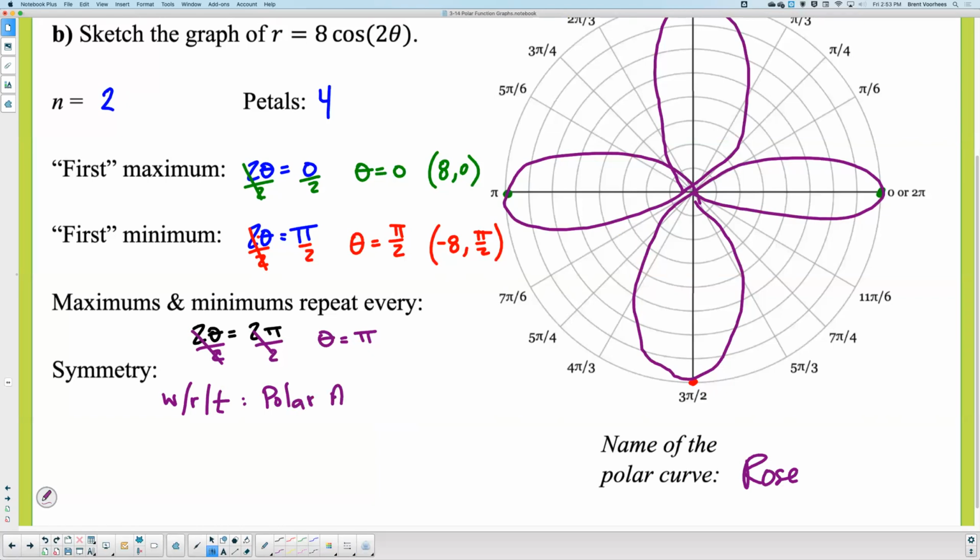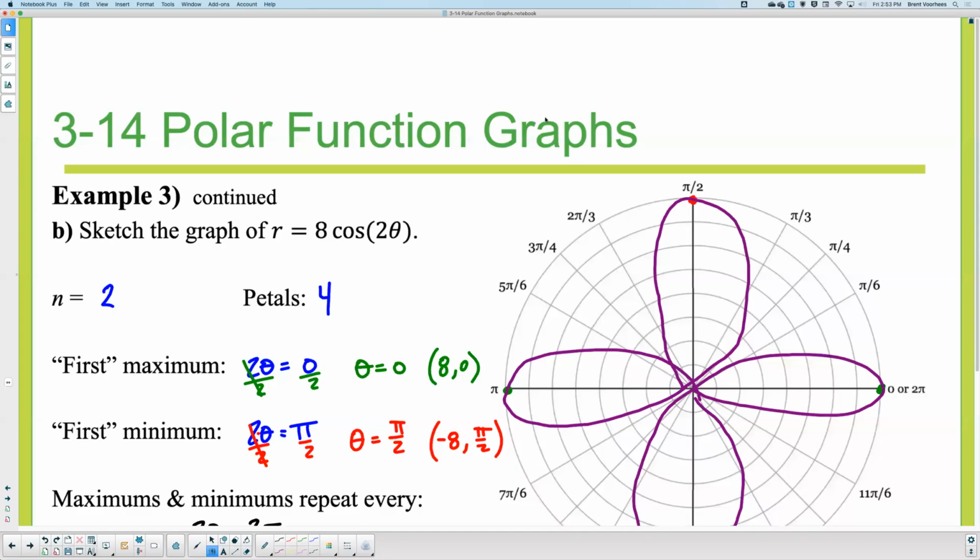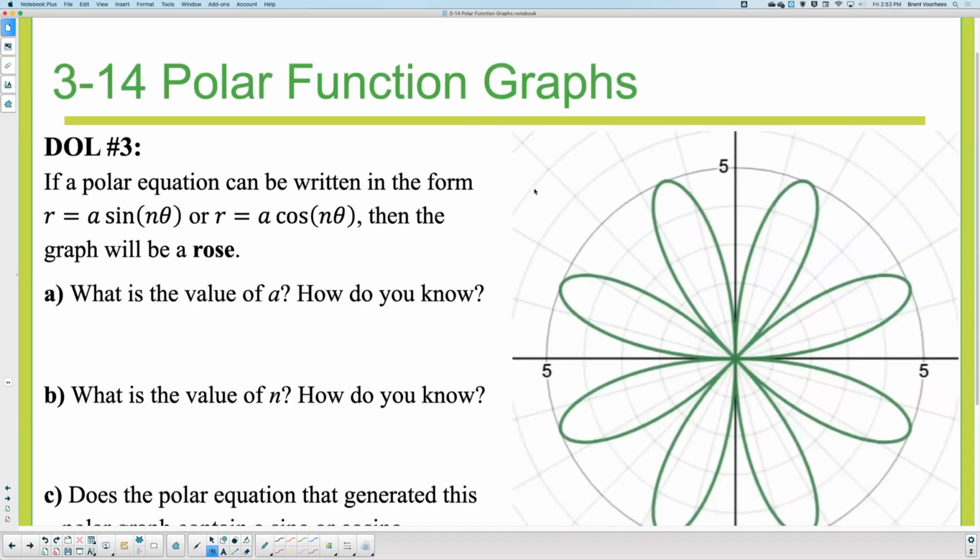If it's an even number, you get twice the petals. Now let's take a look at this one.